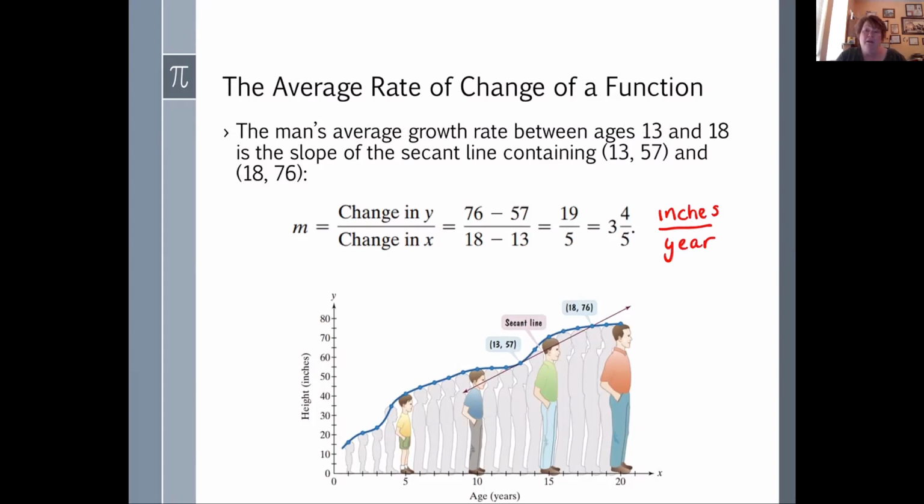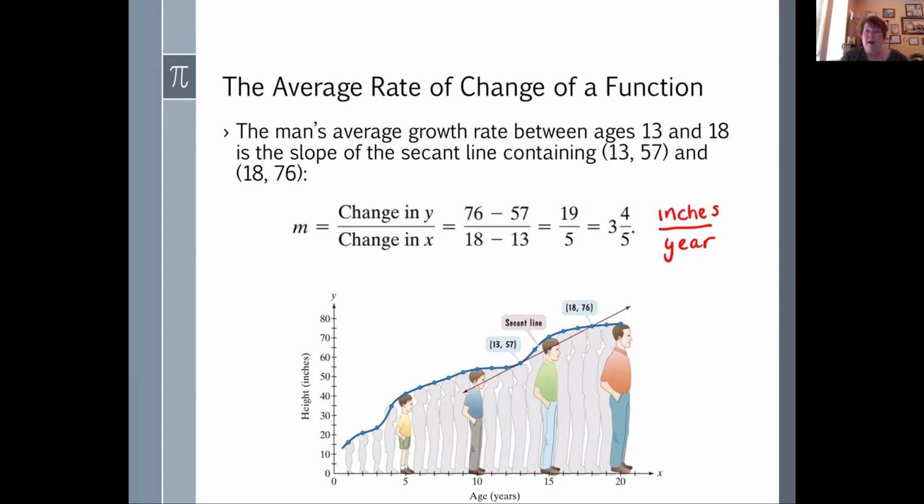It doesn't mean that exactly every year this young man grew 3 4/5 inches. It means on average, between the ages of 13 and 18, he grew 3 4/5 inches per year.